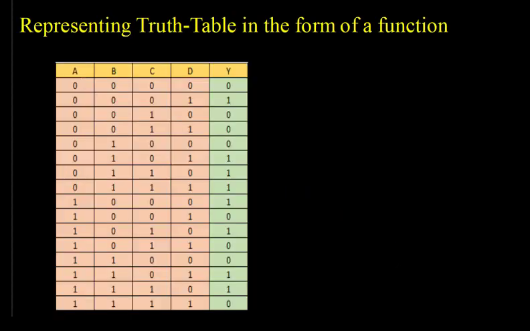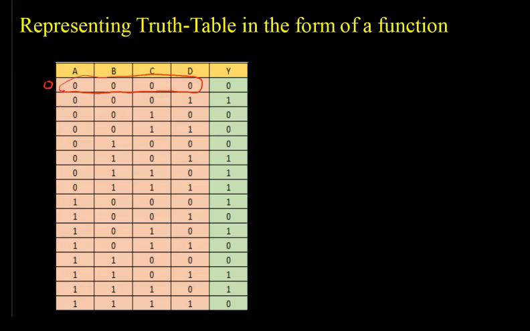Now let us see how to represent the 4 variable truth table in the form of a function. So here we have 4 inputs, A B C D. First I write this in form of decimal. The first is all 0, 0 0 0 0, which is 0.